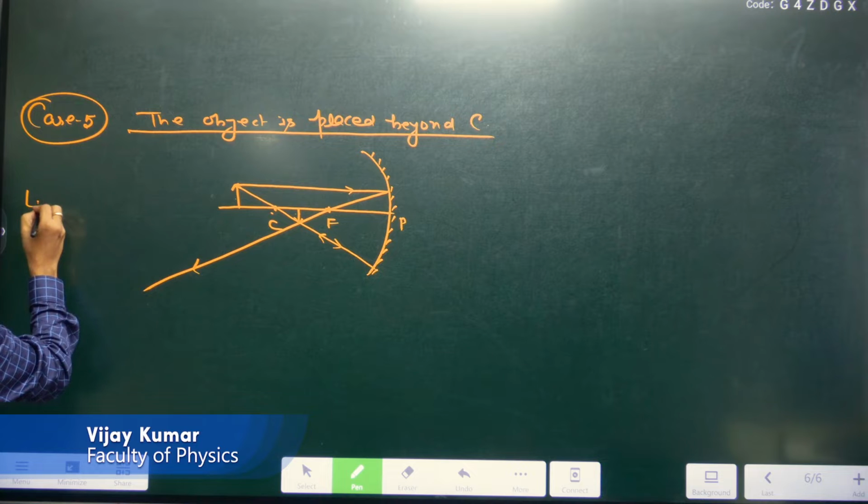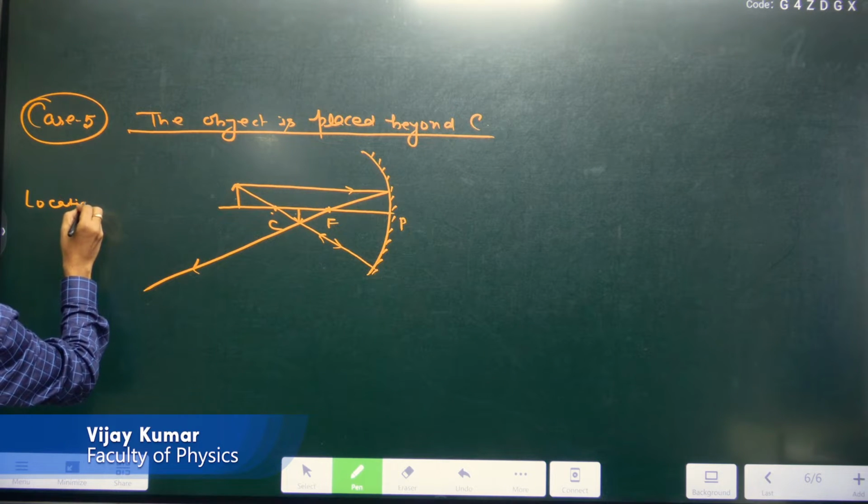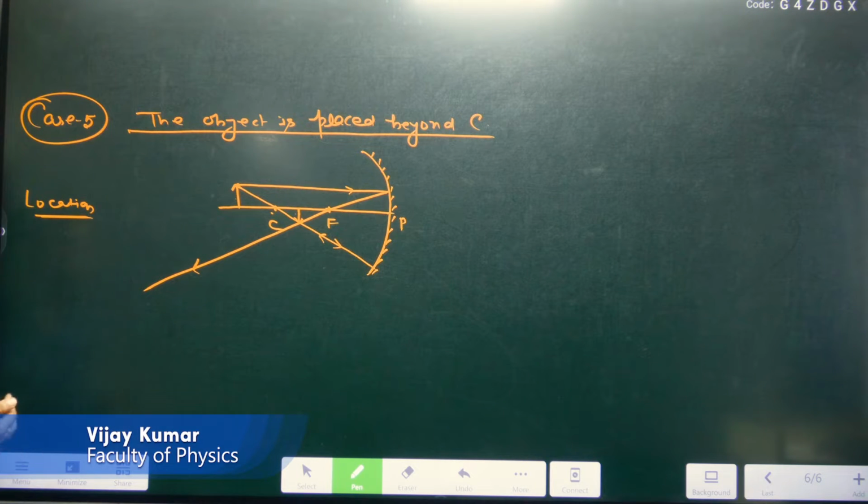So location. Where is the location of the image?